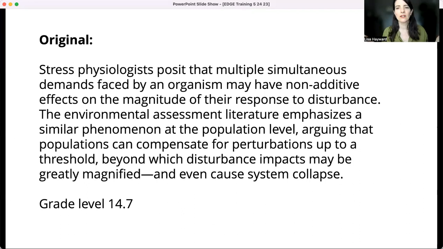Or if you don't have something you've written yourself, something that somebody else has written for an academic audience, something you can take from a paper, for example. And then you're going to use Word, or you're going to use a website to measure that grade level. And then you've got your score. And then you're going to ask yourself, which audience do I want to reach that's outside of my technical discipline? So I'm writing this, I've got a 14.7 here.